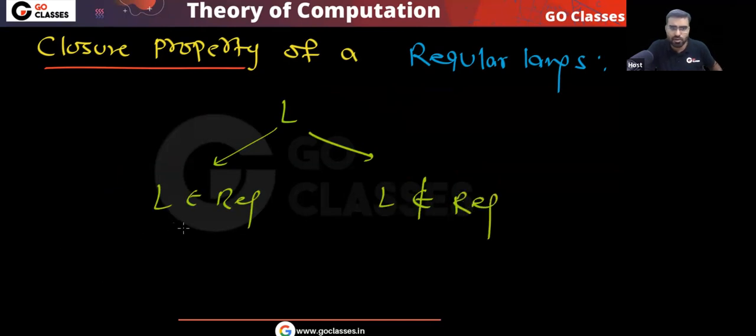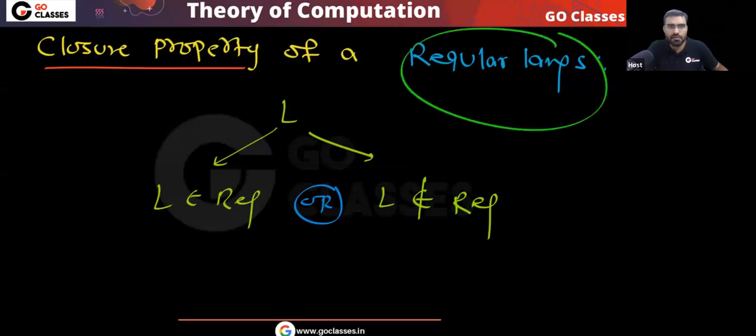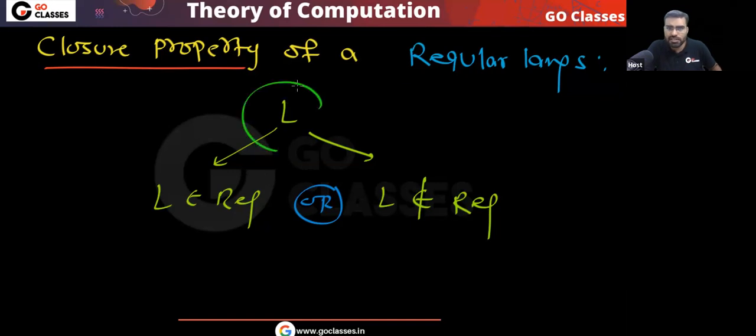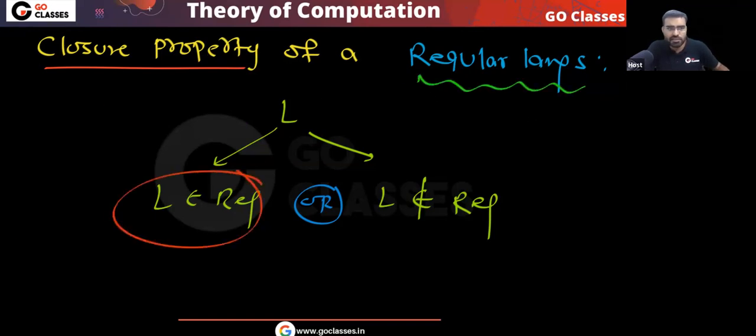We don't care whether this L is CFL, whether this L is not CFL, whether this L is DCFL, whether this L is not DCFL. We only care about two things: either this language will be regular or it will not be regular.